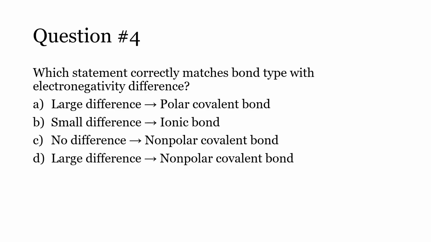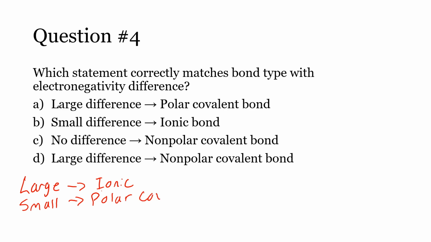Question number 4: which statement correctly matches bond type with electronegativity difference? So remember that if we had a really large difference in electronegativity, this would be an ionic bond. So our large difference, this is going to be ionic. Now, if we have a small difference, this is going to be a polar covalent bond.